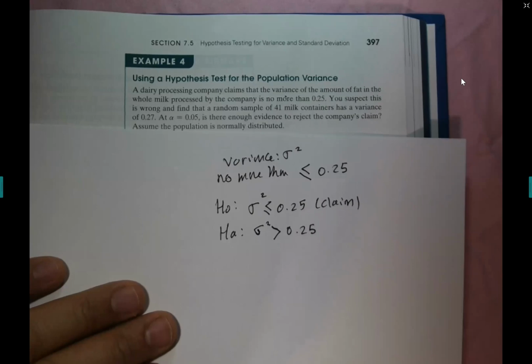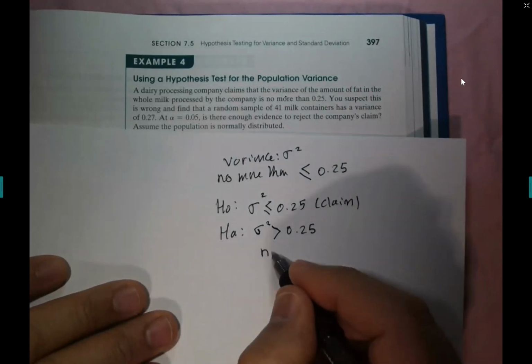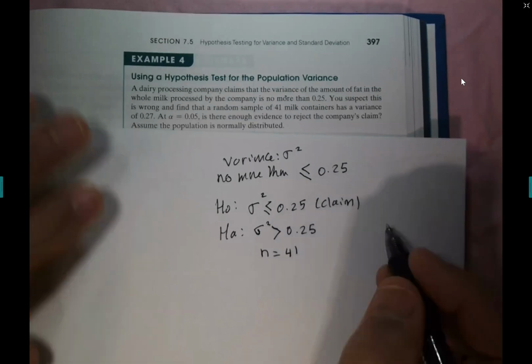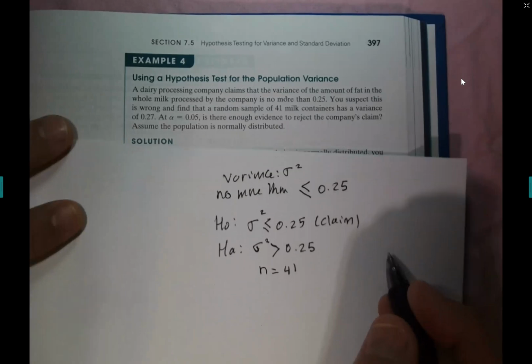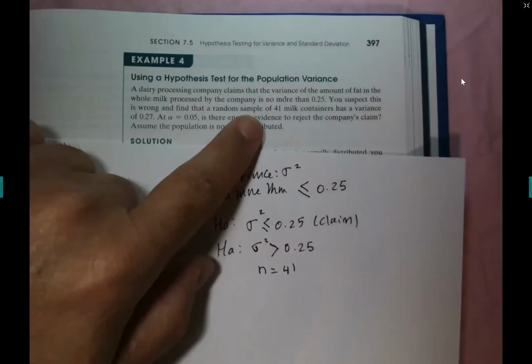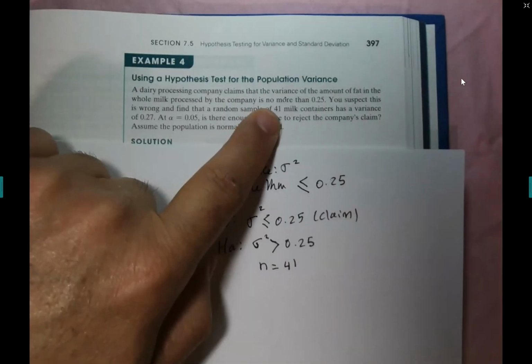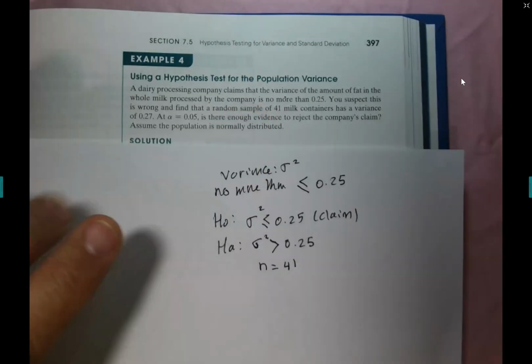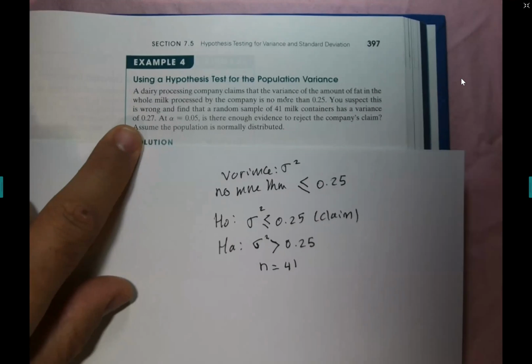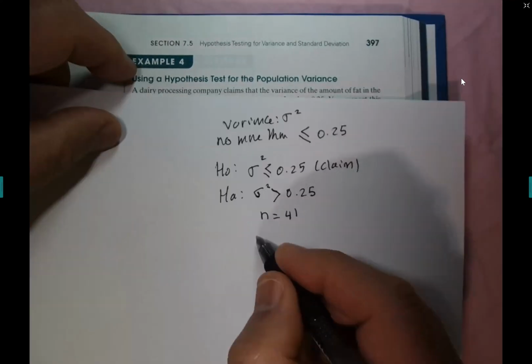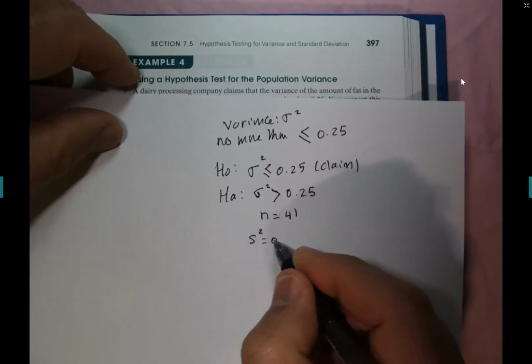You suspect this whole milk processed by the company is okay, and find that a random sample of 41 milk containers, so n is 41, has a variance of 0.27. Okay, so you took a sample of 41 milk containers, and you found that the variance was 0.27. The variance, guys, that we learned in chapter 2 is S squared, which is 0.27.